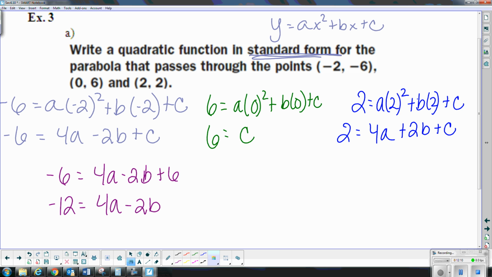And then over here, I'm going to do the same thing. I'm going to substitute in 6 for c. So 2 equals 4a plus 2b plus 6. And then I'm going to subtract 6 from both sides. So negative 4 equals 4a plus 2b.